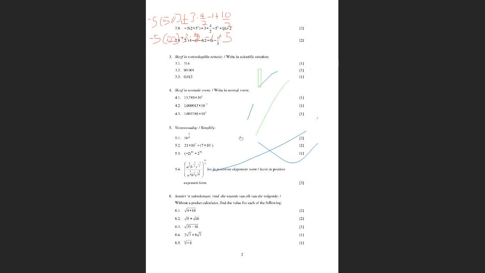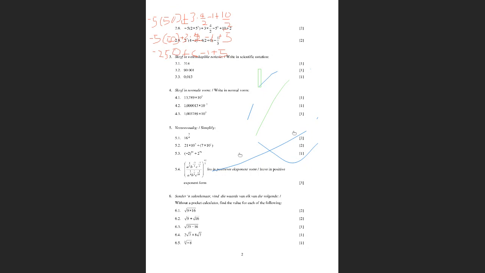Then when we simplify further, BODMAS says the next thing we do is multiplication. So minus 5 times 50 is minus 250. Plus 3 times 2 is 6. Minus 1 plus 5. Then BODMAS says we do addition next.